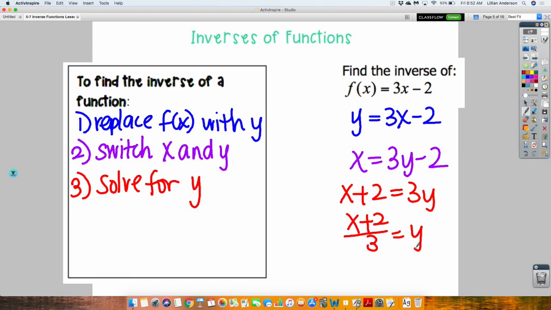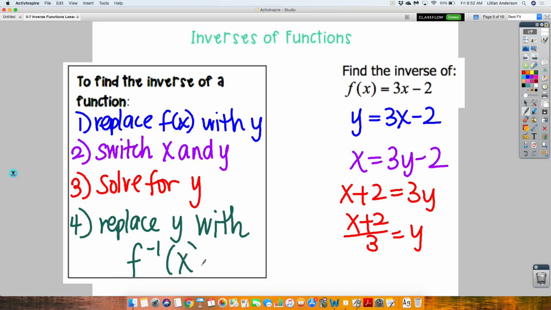Now the last step is a very crucial step, because you need to indicate that that is the inverse. So you need to replace the y that you've now solved for with the inverse notation, which in this case is f to the -1 of x.